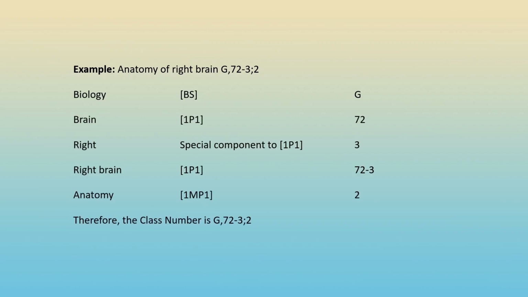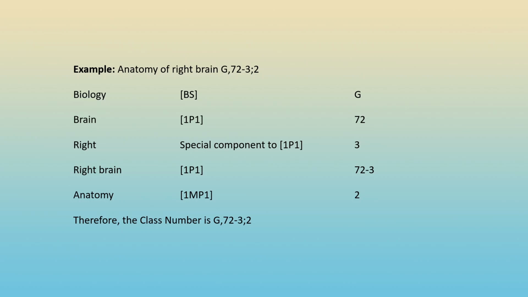So, the basic subject is biology, denoted by capital G. Brain we get from 1P1, 7 and the special component here is right. So, special component to 1P1 right is denoted by 3.